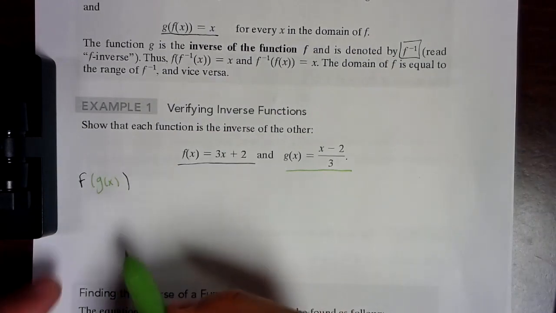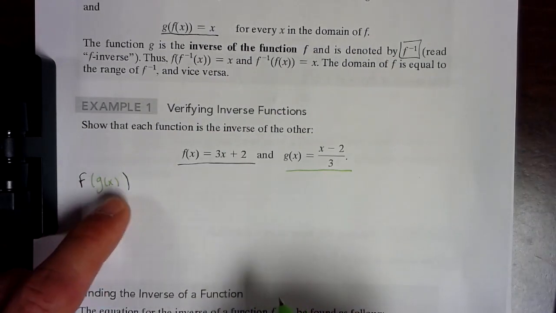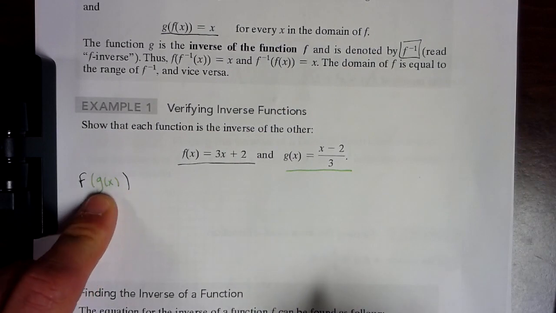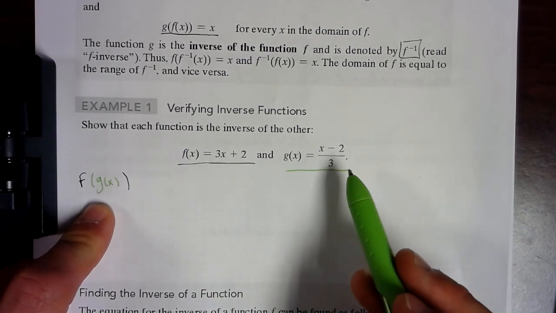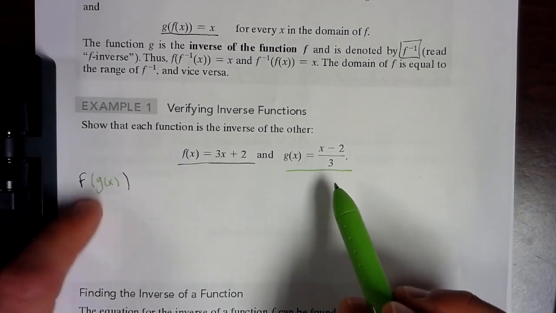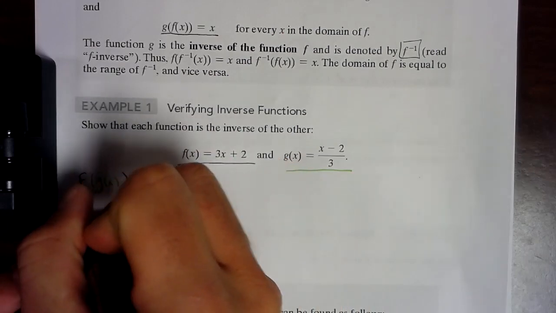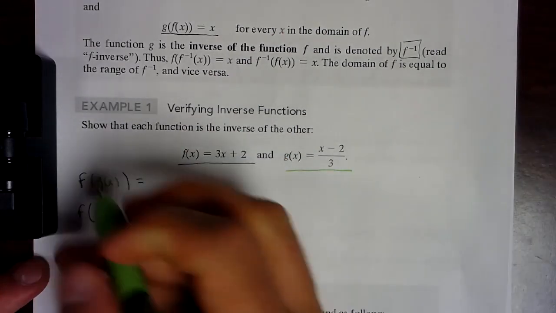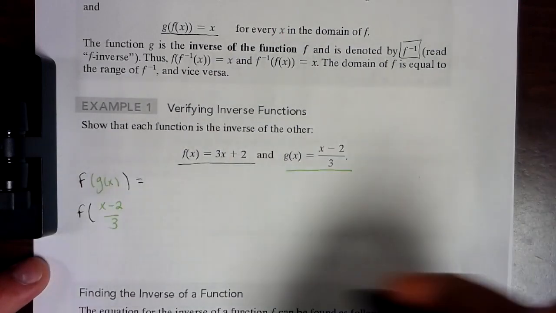Basically we're going to take g of x and sub it in for x in f. What does g of x equal? It equals x minus 2 divided by 3. So instead of thinking about f of g of x, I want to think about f of what g of x equals, which is x minus 2 divided by 3.